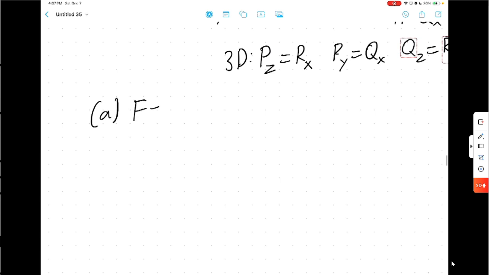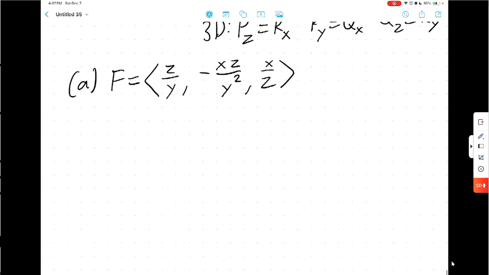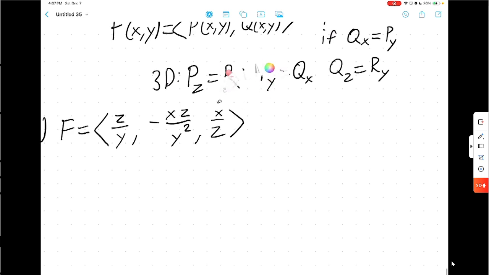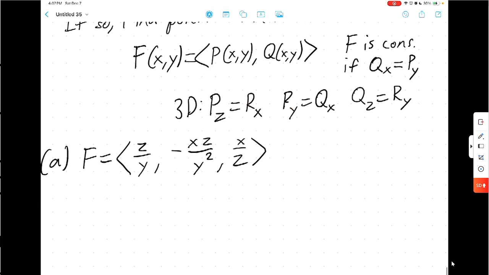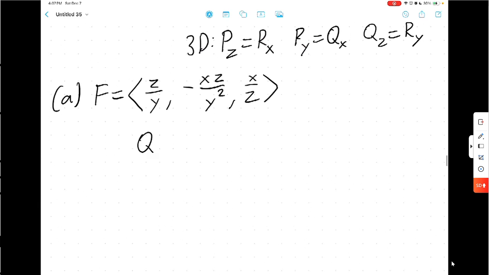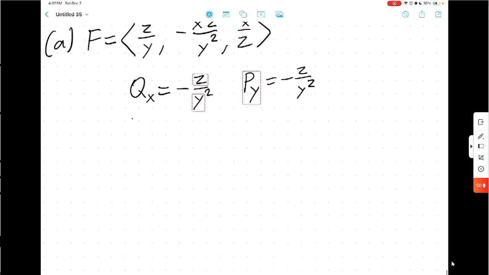So starting with A, we have F equal to z over y, negative xz over y squared, x over z. Alright, let's start with Q sub x equal to P sub y. Q sub x is going to be negative z over y squared. And P sub y is also negative z over y squared. That seems promising.